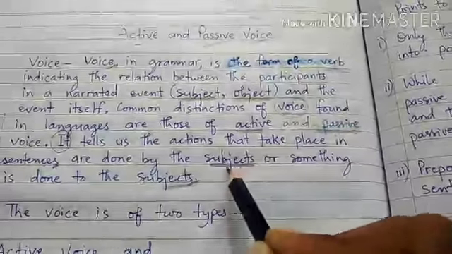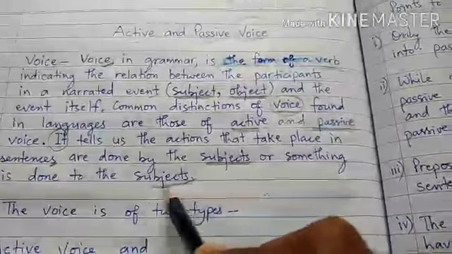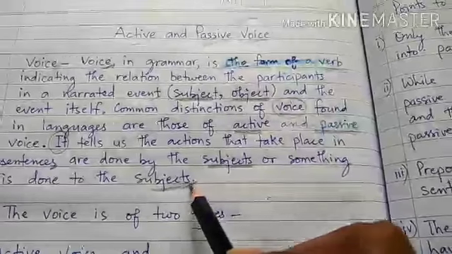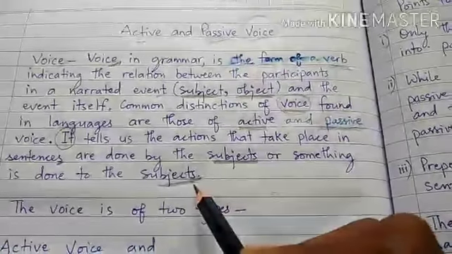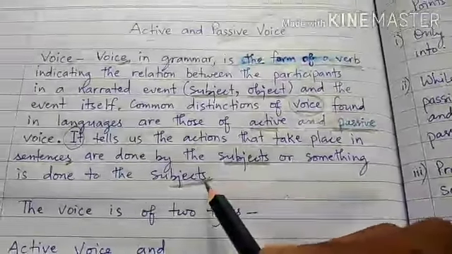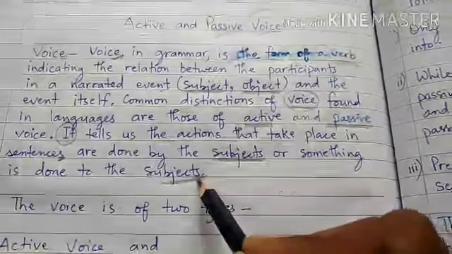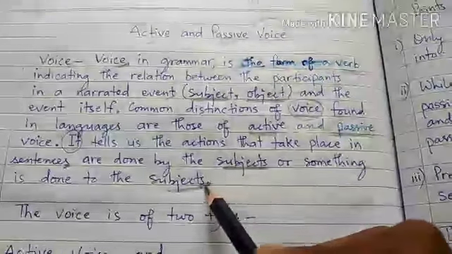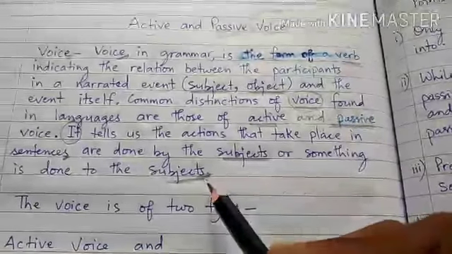But if something is done to the subject while expressing the action in a different way, that is passive voice. We have so many rules to follow while changing sentences into passive voice from the active voice. So all these rules we are going to understand in this video.